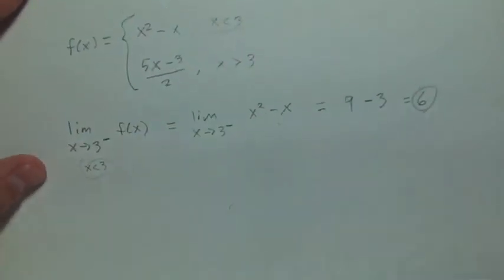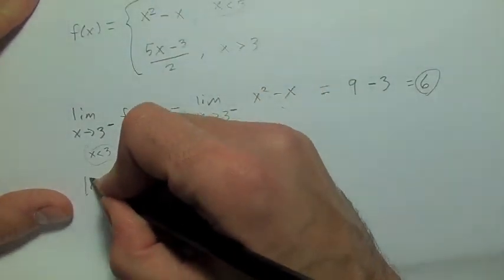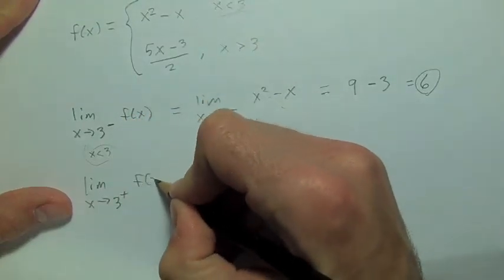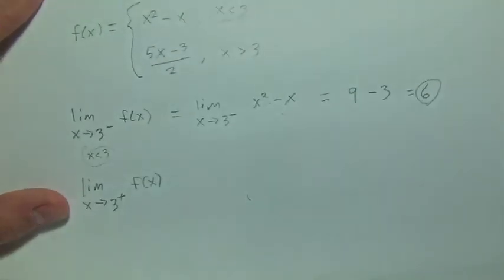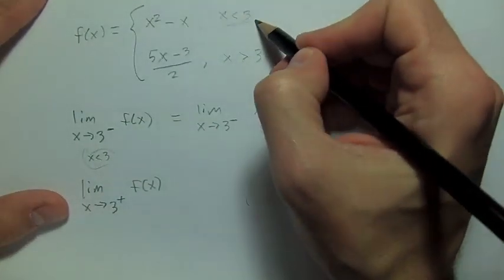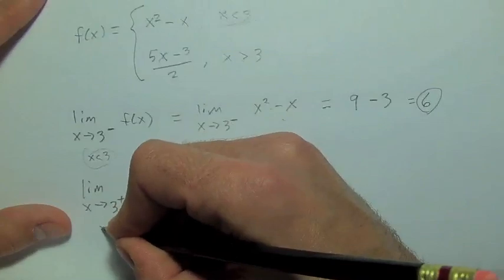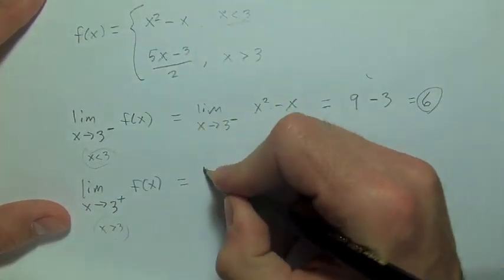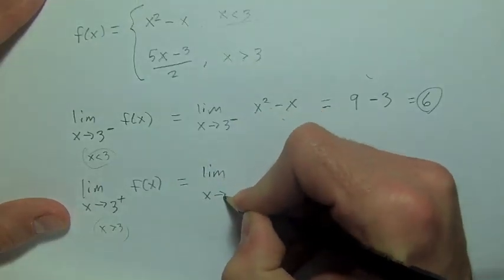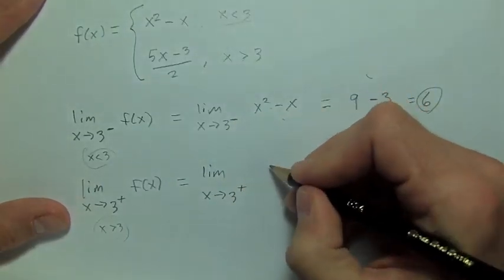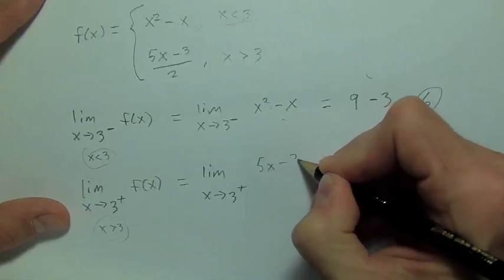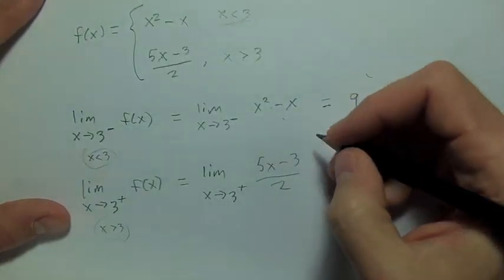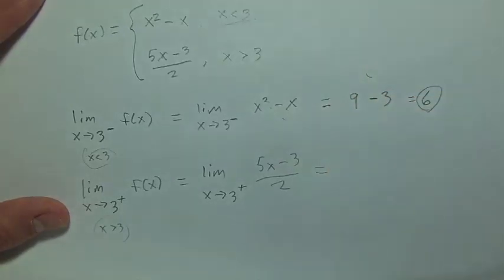Okay. Now let's check from the right. The limit as x goes to 3 from the right. Well, we've picked one side. That was the top piece. Here's the other side. When x is greater than 3, that should be what's left, right? So that will be the limit as x goes to 3 from the right of 5x minus 3 over 2. Even though it's obvious that you're going to pick this piece, I still want it written out, right?